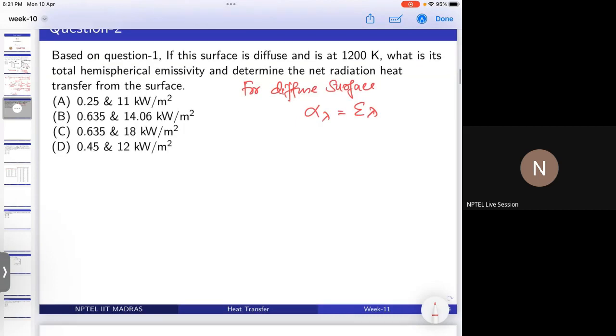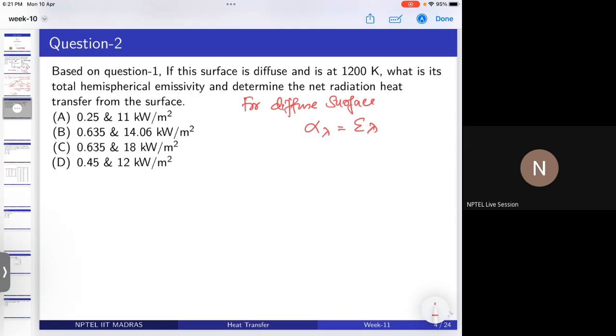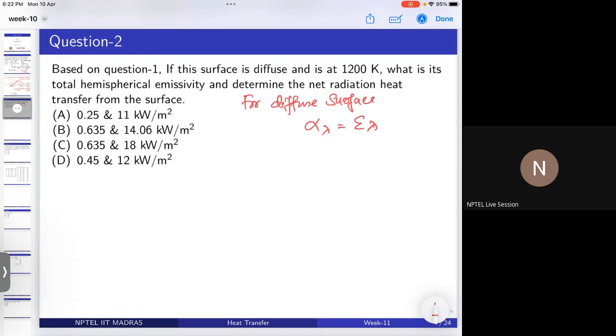So the emissivity value or the emissivity map will be almost the same as that of absorptivity. So the first one is the total emissivity.